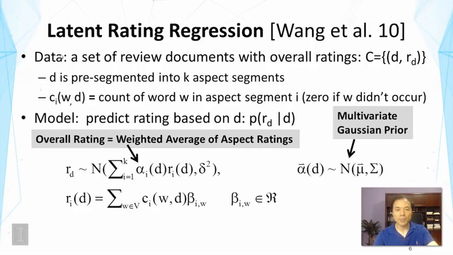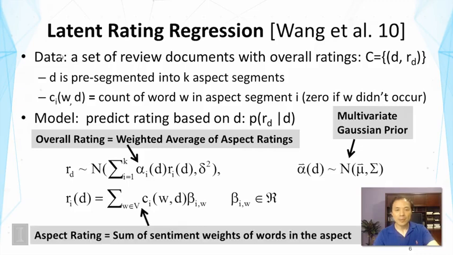So this means when we generate our overall rating, we're going to first draw a set of alpha values from this multivariate Gaussian prior distribution. And once we get these alpha values, we're going to use the weighted average of aspect ratings as the mean here to use the normal distribution to generate the overall rating.